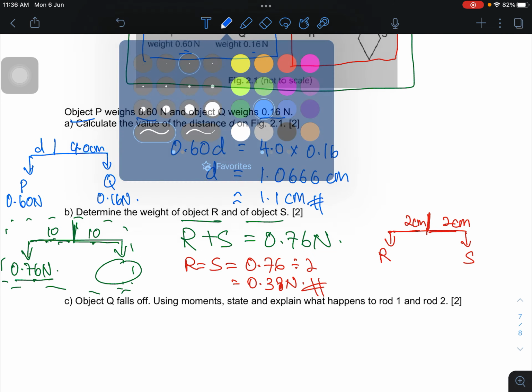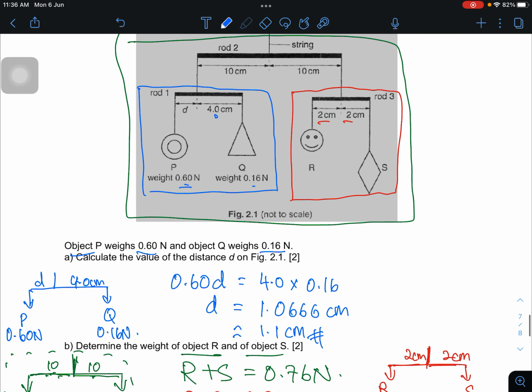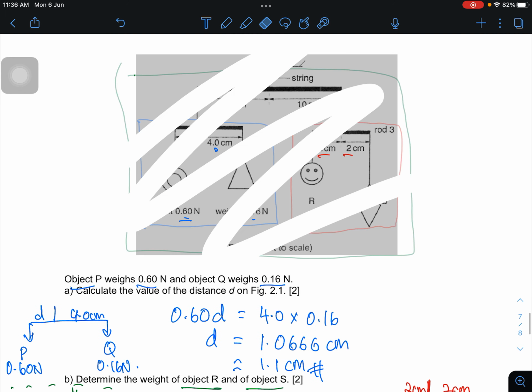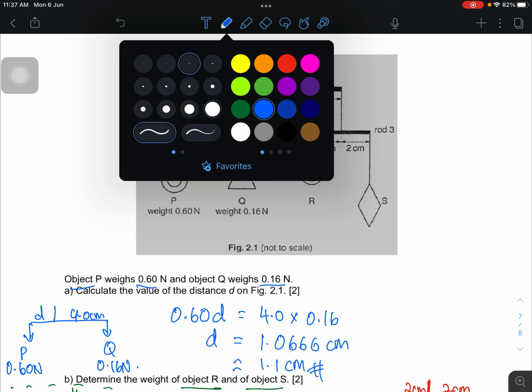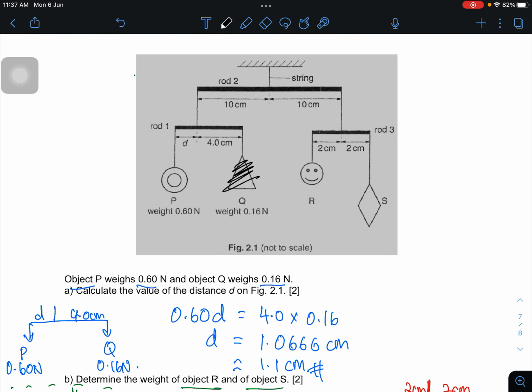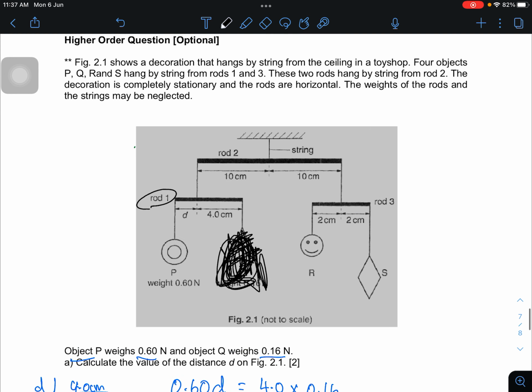Next up would be C, object Q falls off. So now let me erase this entire thing. Object Q falls off. No more object Q. State, explain what happens to rod 1 and rod 2. Rod 1 is this one, rod 2 is this one.